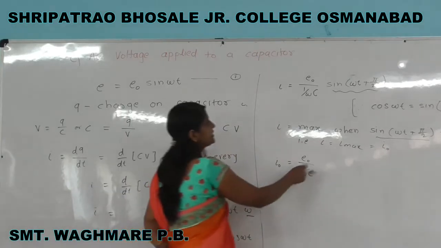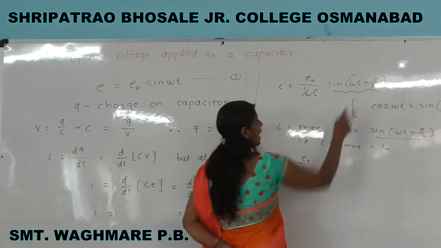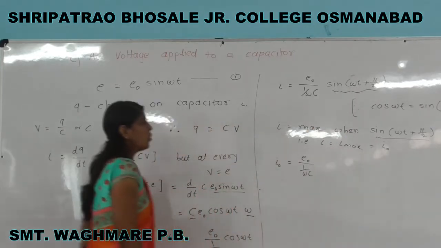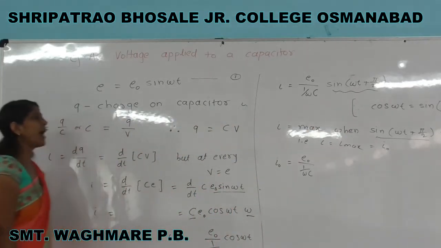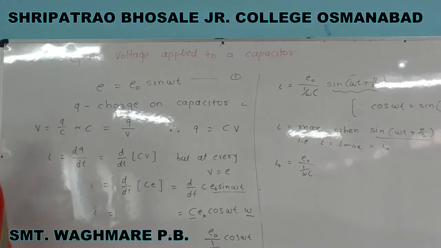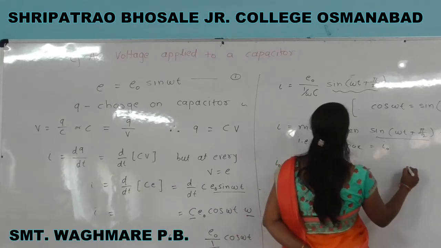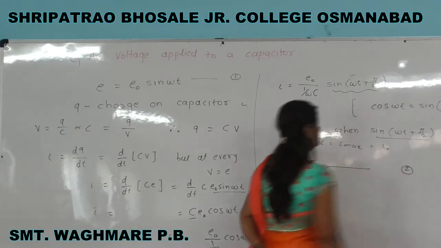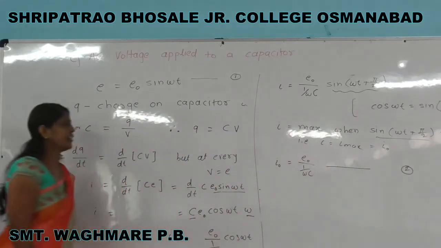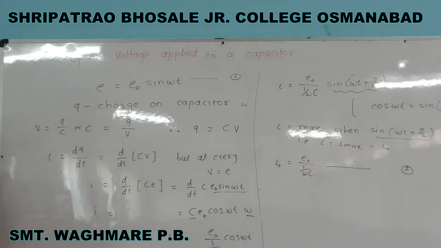Here in this case sine omega t plus pi by 2 is equal to 1, and therefore I is equal to I maximum. Say equation number 2. We can write here equation number 2. I naught is equal to E naught upon 1 upon omega c.